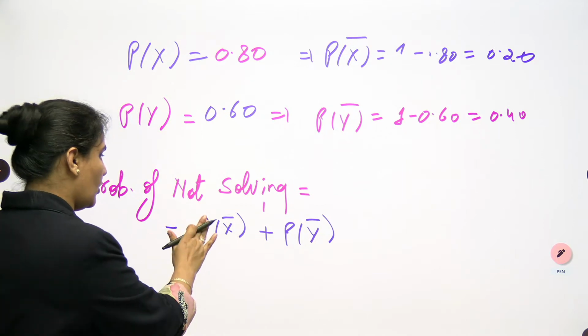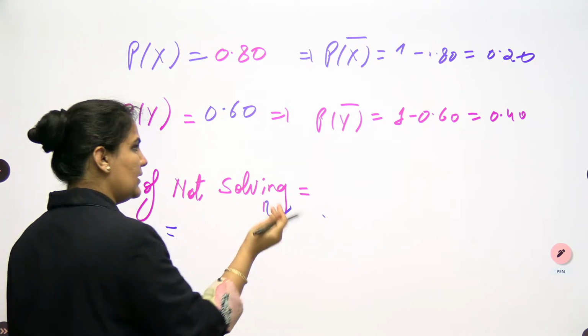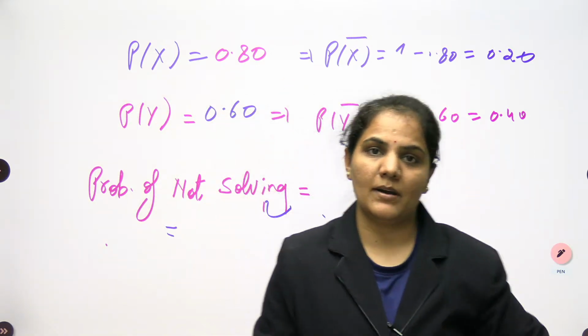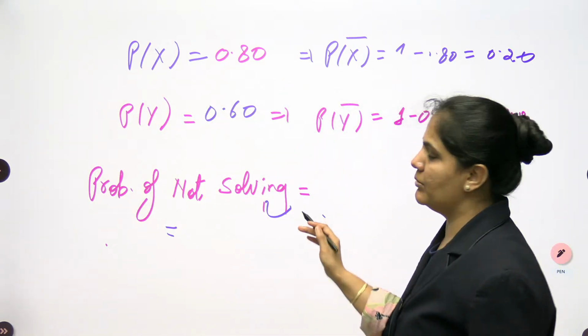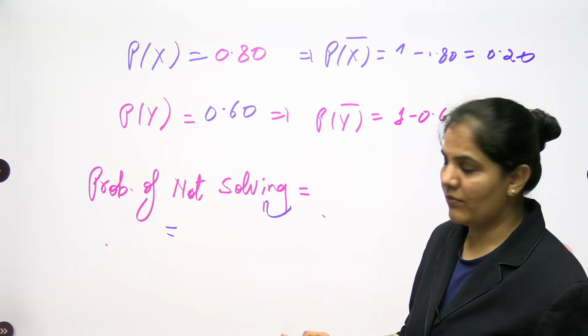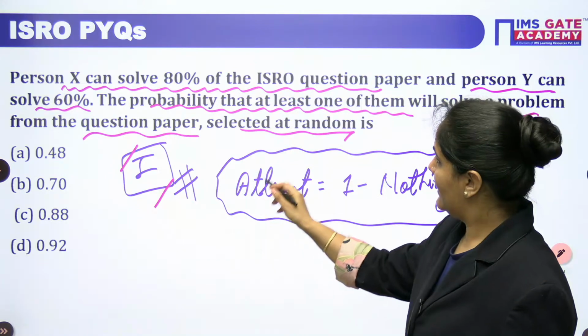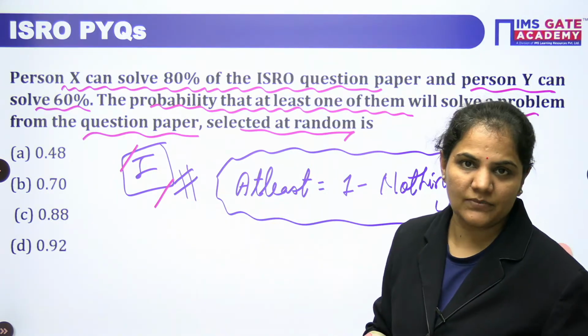First thing, or even we can go with one more easy effort. Rather than finding x bar y bar, we can go with the probability of not solving. Ultimately I want the probability that it will be solved by at least one of them.